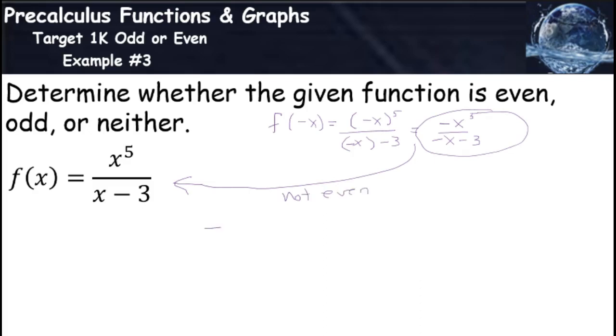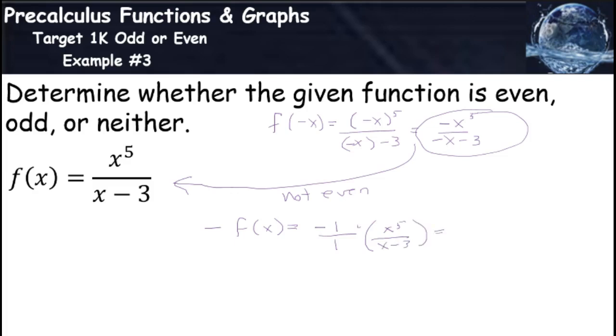Now I have to find negative f of x. Well, negative f of x is negative 1 over positive 1 times x to the 5th over x minus 3.